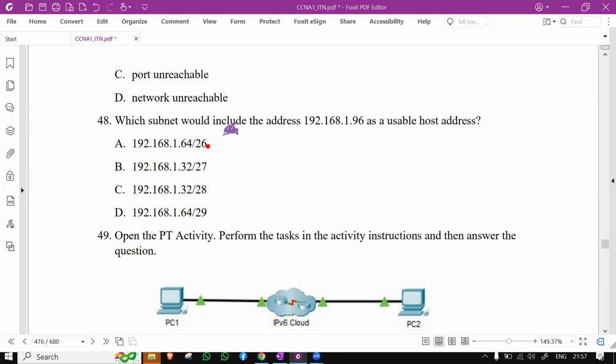Right, can I do a /26? I'm adding 64. Right, can I do a /27? I'm adding 32. So my networks are actually 32 or 64 or 96.